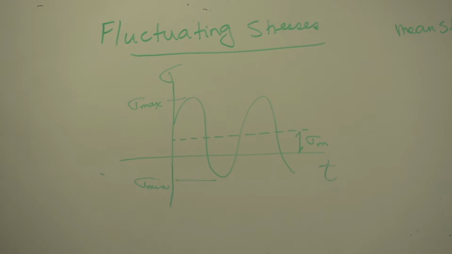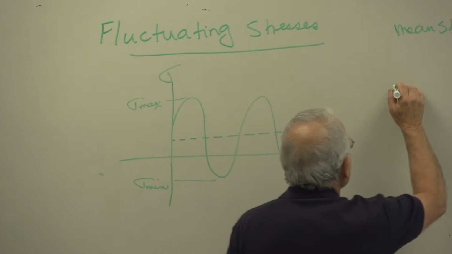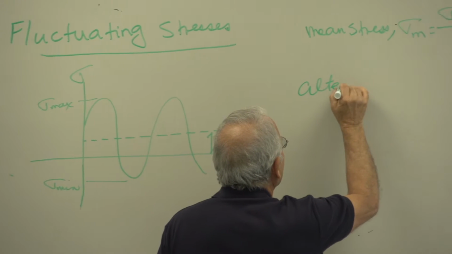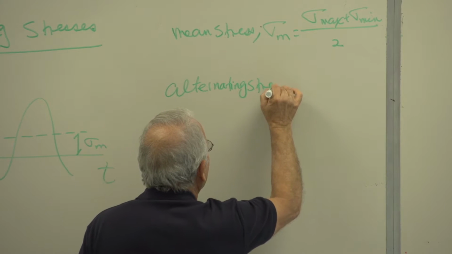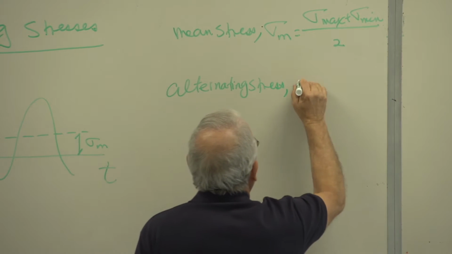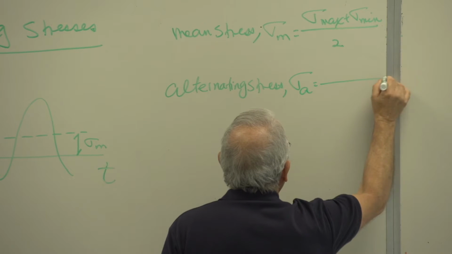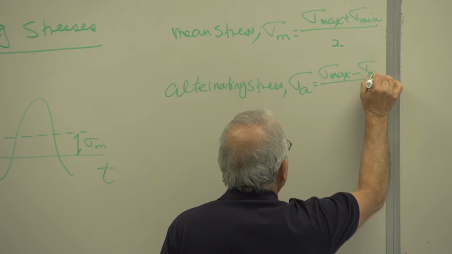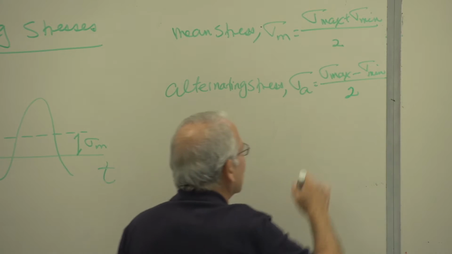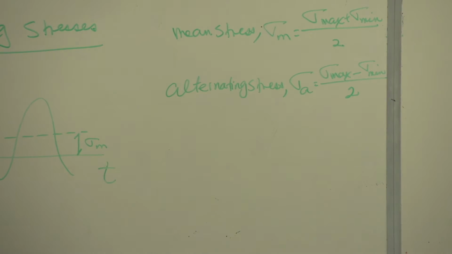We also define alternating stress. Sigma a equals sigma max minus sigma min over 2.